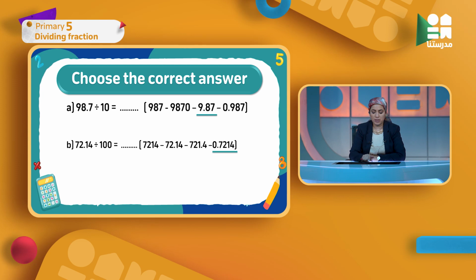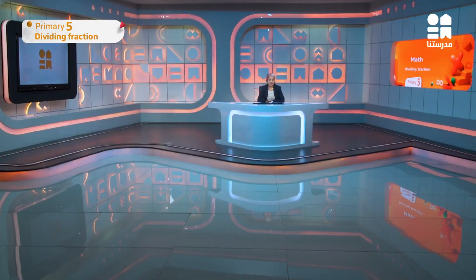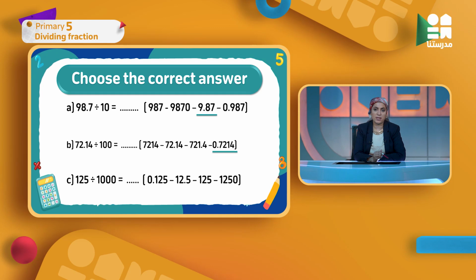The third question that we have today, C, 125 divided by 1000. So here I have 3 zeros, then 3 decimal places, and divided to the left. Then I will count. The 5 is one place, the 2 is another place, and the 1 is the third place. Then the answer will be 0.125.